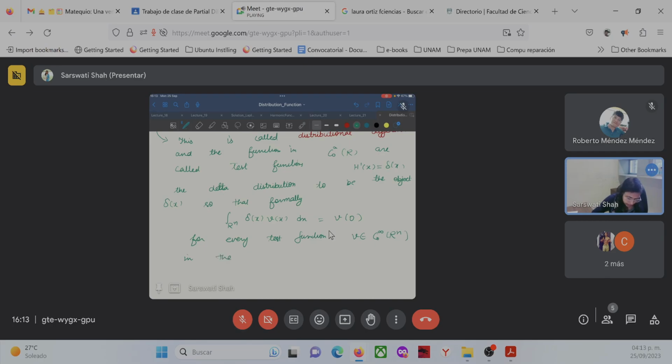In the one dimensional case, we know that this delta function is nothing but the derivative of the Heaviside function.